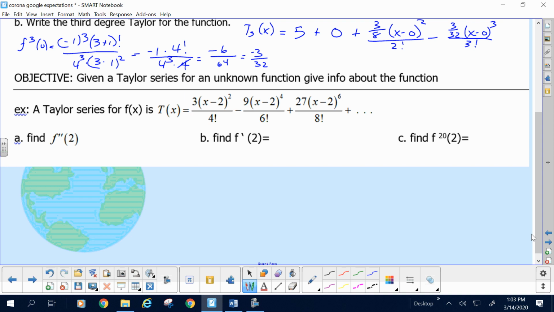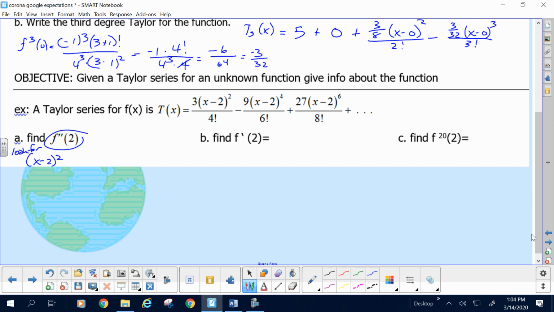The most important thing getting started is to understand that f double prime will be directly connected to x minus 2 squared. So you're going to look for x minus 2 squared. Don't worry about the factorial in the bottom. The coefficients can change a lot. The only thing that you can be absolutely sure of is x minus 2 squared is the factor that goes with the second derivative.